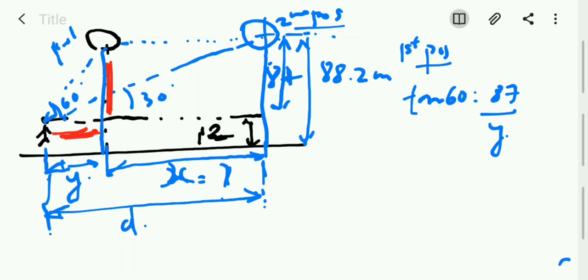This was our first condition, first position. What is tan 60? Tan 60 is root 3. So therefore y is equal to 87 by root 3. Easy. Now the second position.